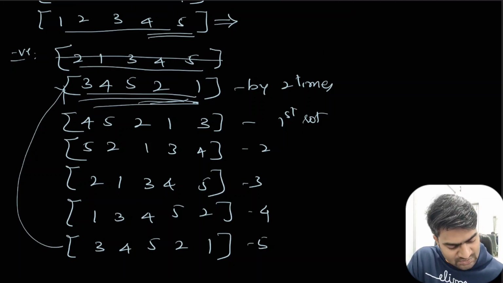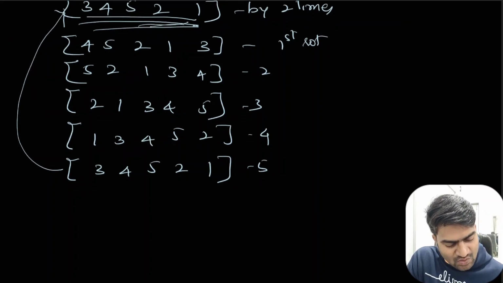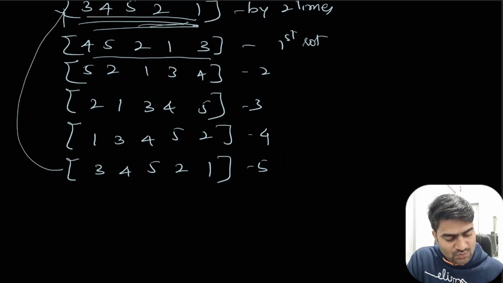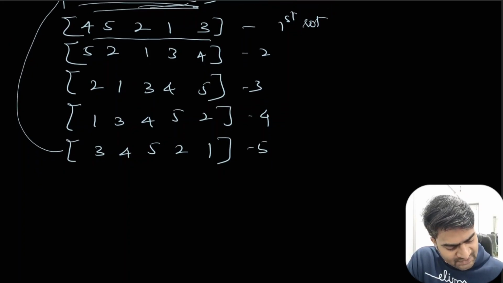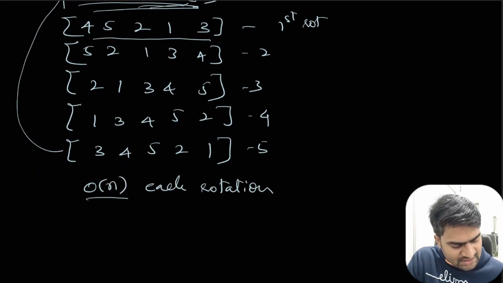Okay. So now if that is the case, here what is the time complexity? On each rotation, we are pushing one element towards the end and we are shifting all the elements towards the left. So each rotation is of order n.